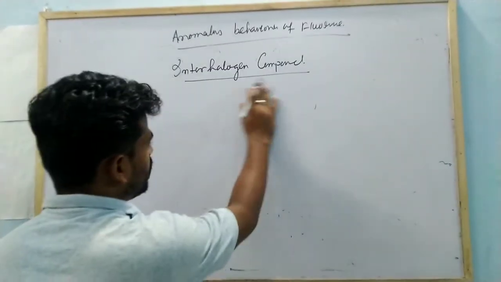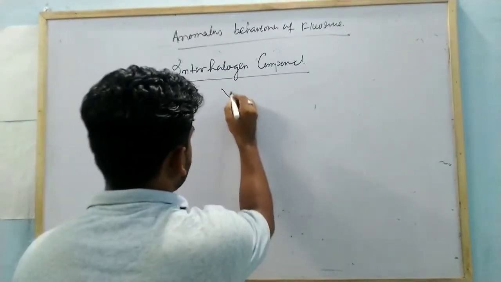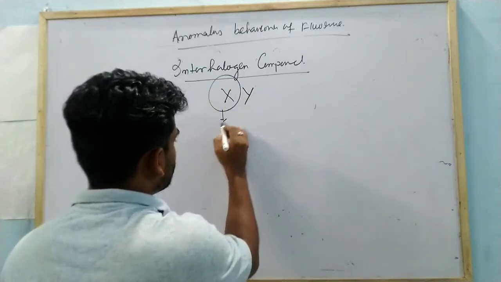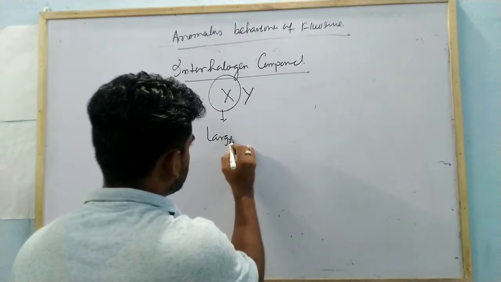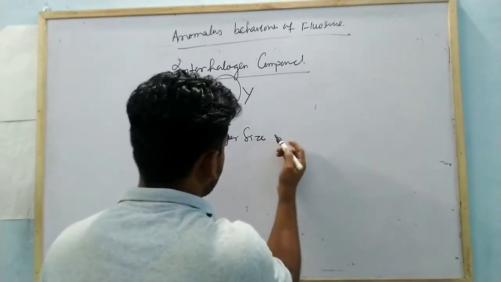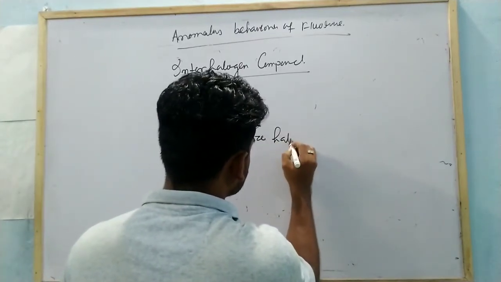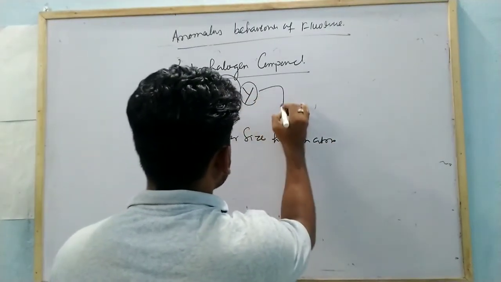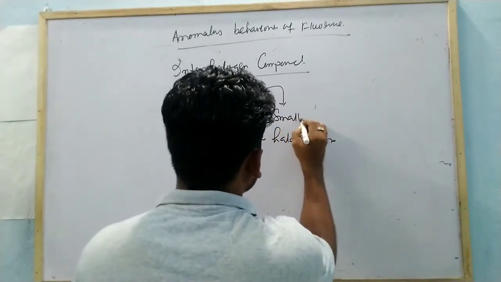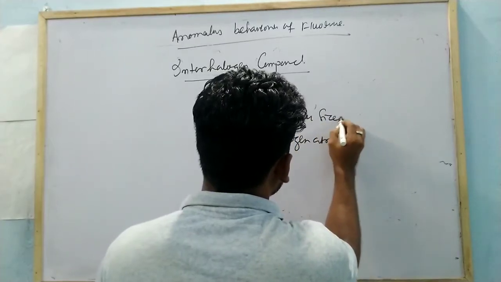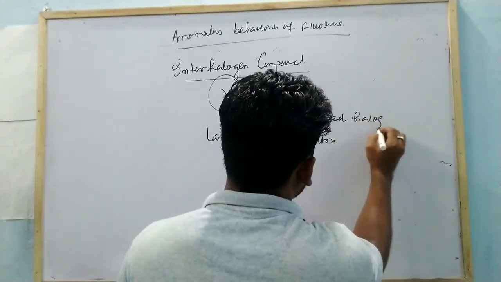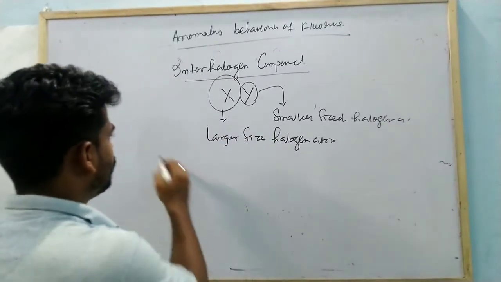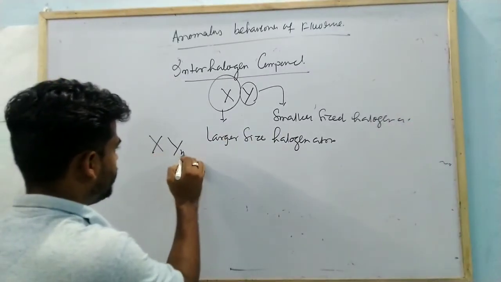Most commonly I can represent them like this, XY, where X is the larger sized halogen atom and Y is the smaller sized halogen atom. They mostly exist in the form of XYn.